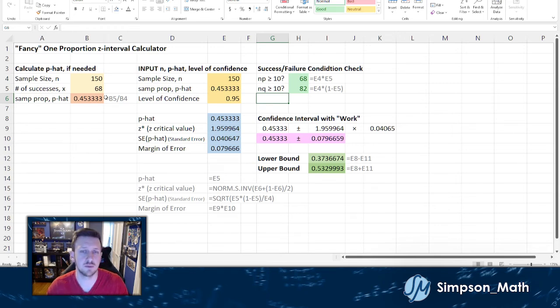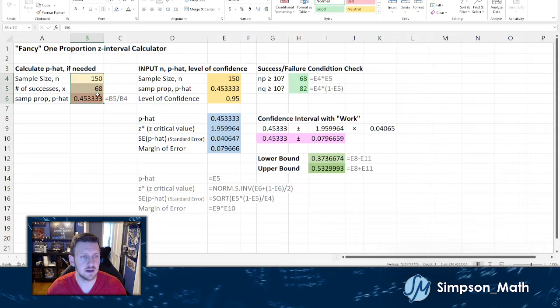All right, so let me show you how this works, and then I will build it with you. So again, these are my inputs right here. I just have 5 possible inputs. This input over here is just a calculator to calculate p hat if you want it. If you're given p hat already, then you can just ignore it and type it in like I have here, and I did type it in as that division, 68/50.